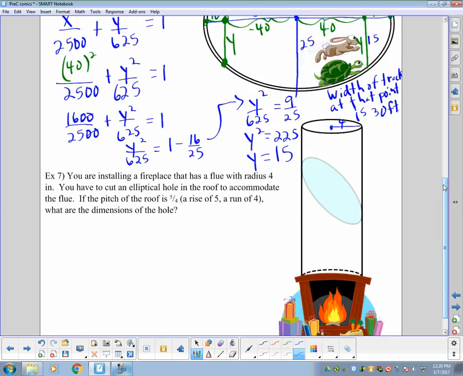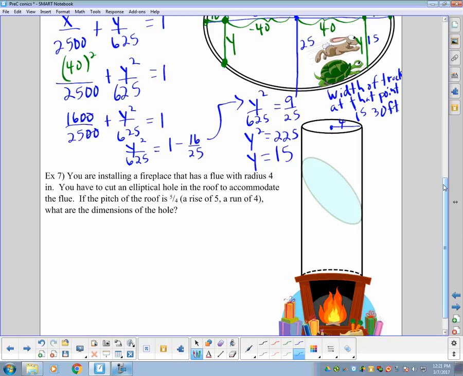So here's the thing. I got to translate this into units that correspond to the entire diameter of the flue. So if my rise, every time I go up 5 inches, I go over 4 inches, how many rises will I have to go with an entire diameter of this flue?